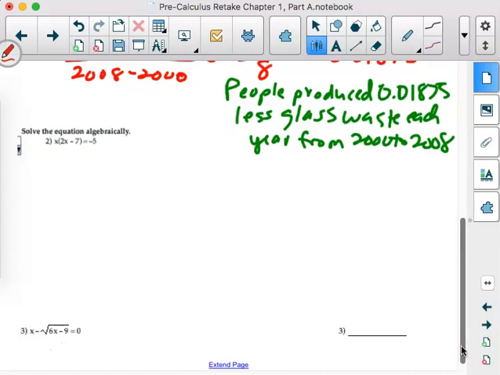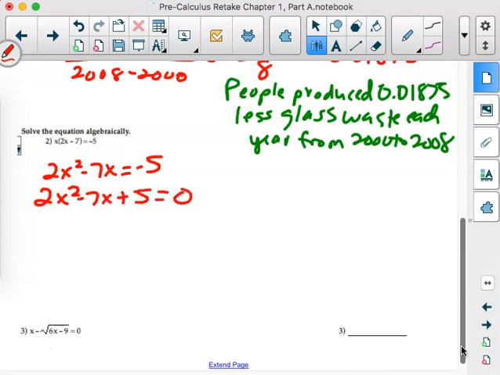And then number 2 says solve the equation algebraically. So we have to distribute the x, and we have to move the 5 over by adding. So 2x squared minus 7x plus 5. And then we have to factor correctly. Now, pretty obviously, 2x and x in the front would give us the 2x squared.